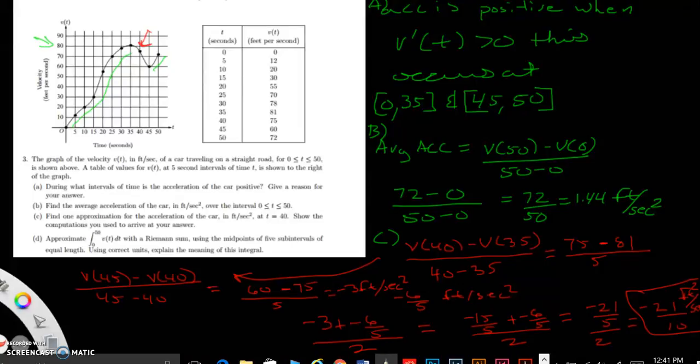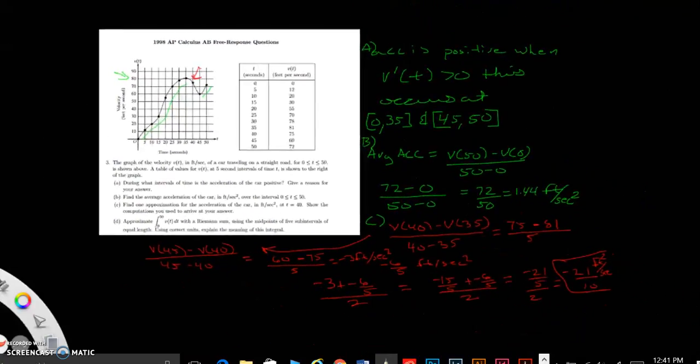Okay, so now the last part is approximate the integral from 0 to 50 of v of t dt with a Riemann sum using midpoints of 5 subintervals of equal length. Using the correct units, explain the meaning of the integral. Okay, so I'm going to make this a little bit smaller so I have more room.